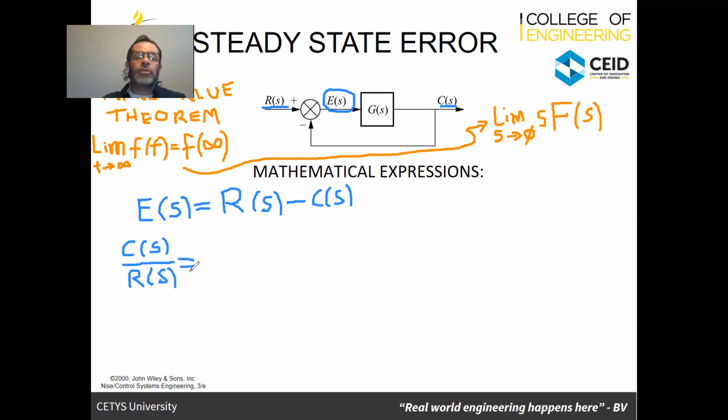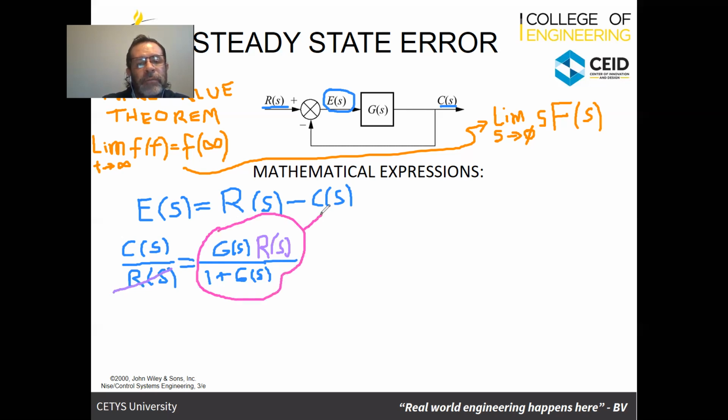And this is equal, according to the expressions we already know, to G of S divided by 1 plus G of S. And from here, we can send this R of S over to this side, and we can substitute this expression over here.